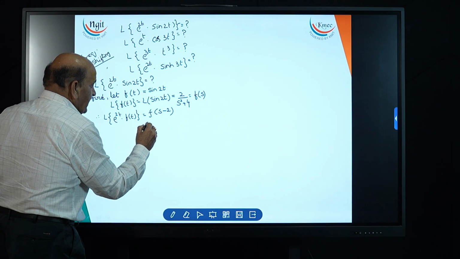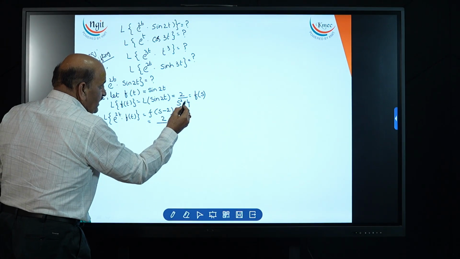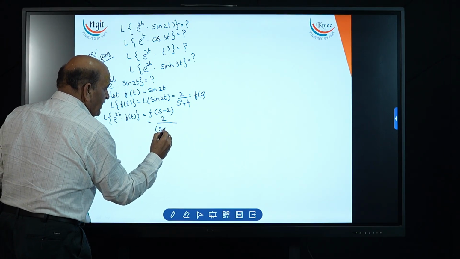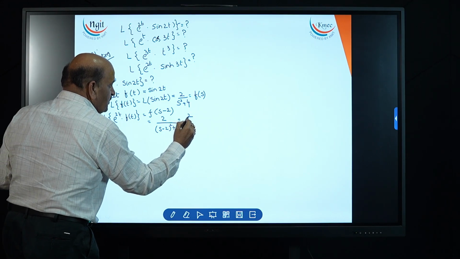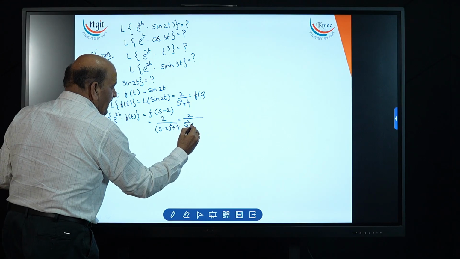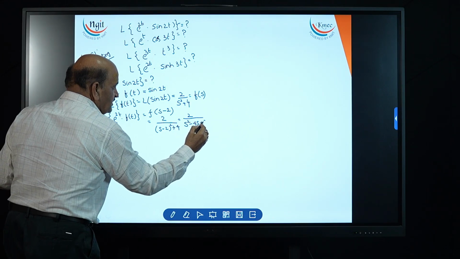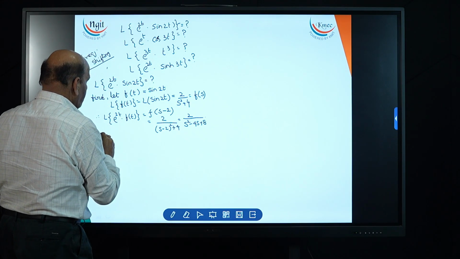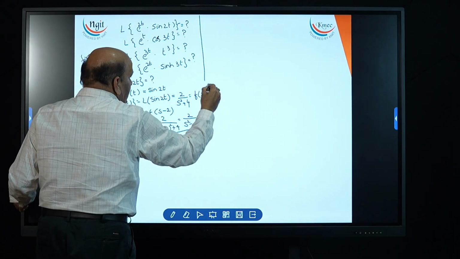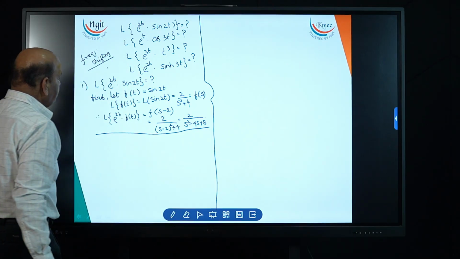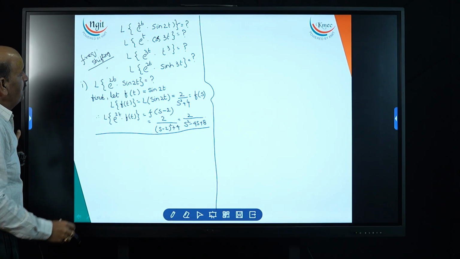Therefore the output is 2 by (s minus 2) whole square plus 4, which equals 2 by s square minus 4s plus 8. This is the output of this problem. Understanding? Now, look at the second one.